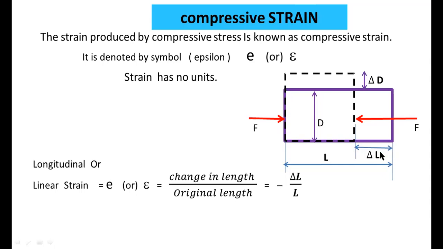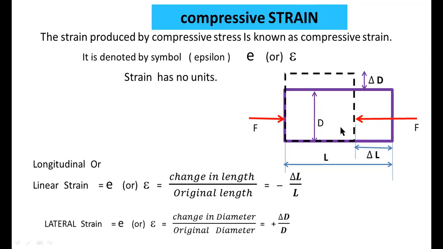When you are applying two equal and opposite push loads, there is a decrease in length, so you have to consider negative sign because it compresses the body. So negative sign for linear strain, and positive sign for lateral strain. Here the diameter of the body increases, so you have to consider positive sign for lateral strain.